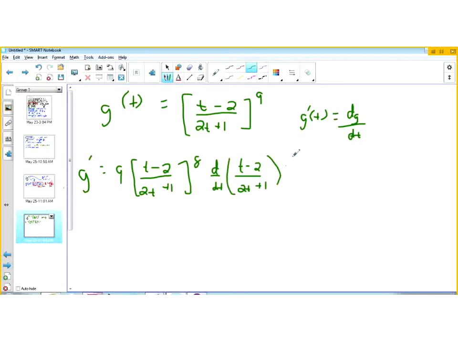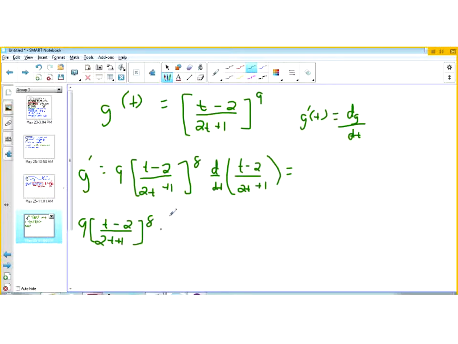Now we can simplify. That would equal 9 times t minus 2 divided by 2t plus 1 to the 8th.